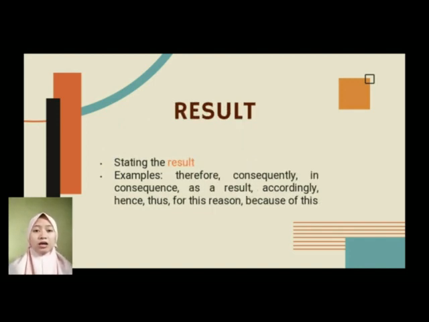Finally, result. Discourse markers under this category are used to state a result or effect. Examples are therefore, consequently, in consequence, as a result, accordingly, hence, thus, for this reason, and because of this.